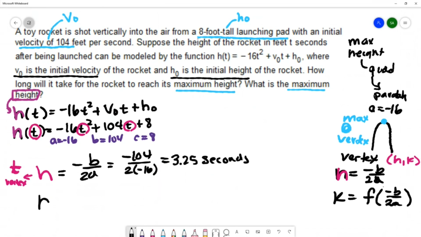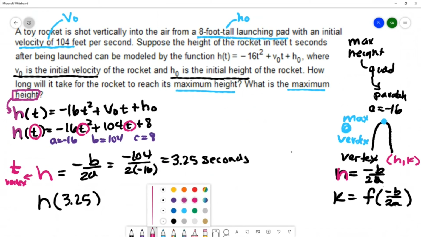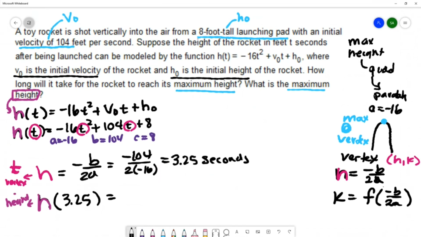So that's the h of 3.25. And I know this is confusing, but this h is the height. So we're going to substitute that 3.25 into the function. That's negative 16 times 3.25 squared plus 104 times 3.25 plus 8. We'll put that in the calculator.